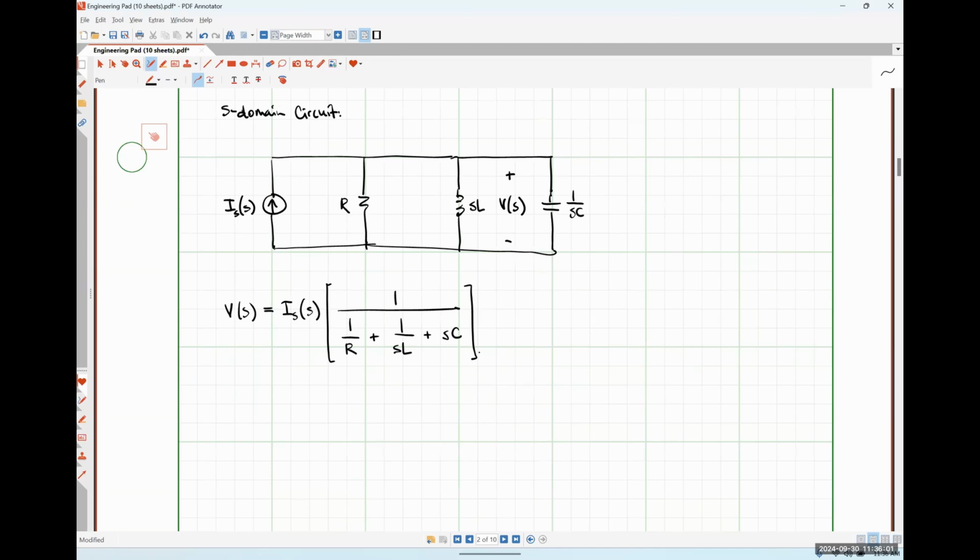I might want to multiply by SL over SL here, I might multiply by R over R here, I might multiply by SRL over SRL, like so, so that I wind up having a common denominator of S times R times L.